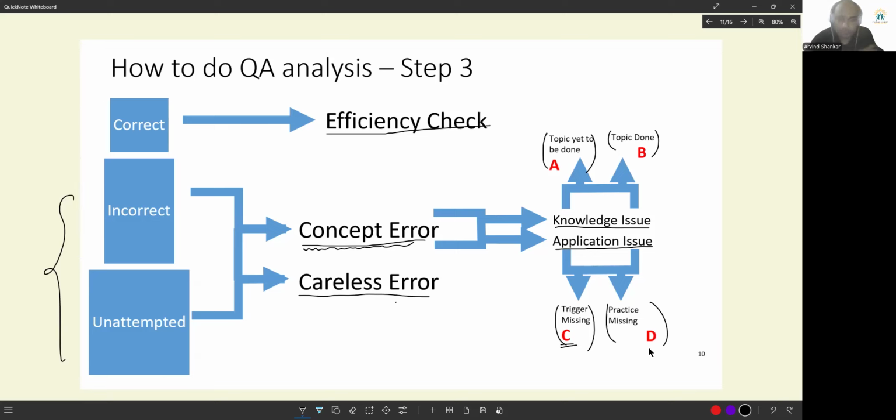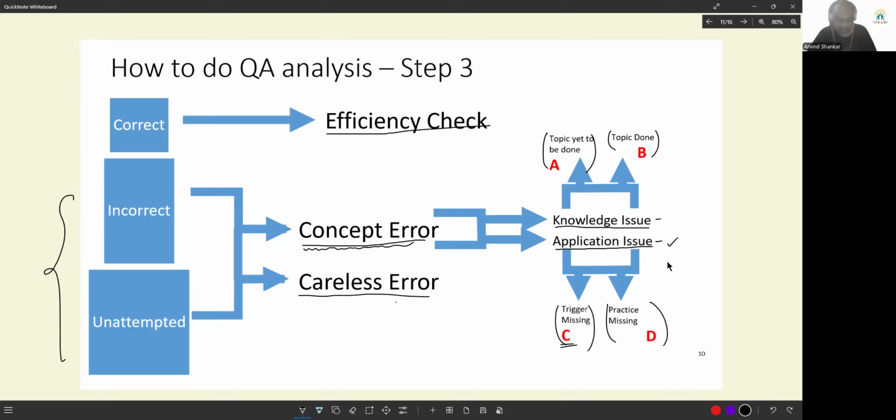See, I'll also differentiate between knowledge issue and application issue. Questions that you are able to understand after reading the solution once or twice, in those questions, we have an application issue.